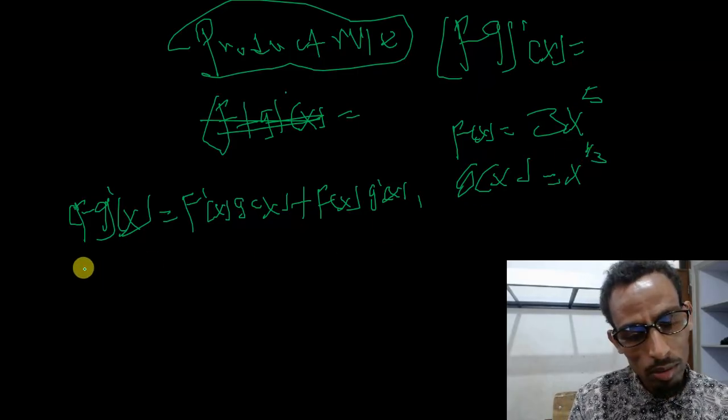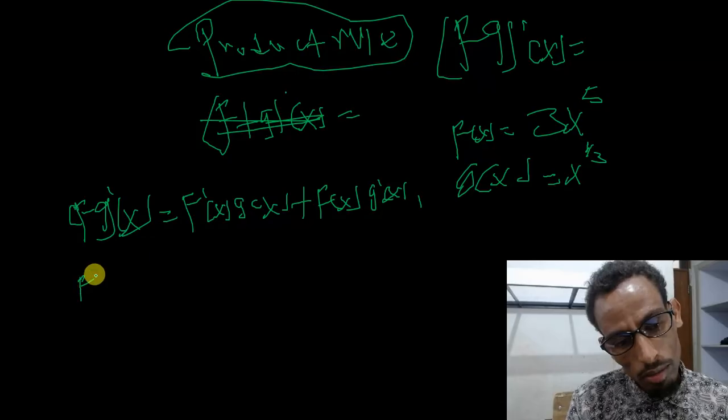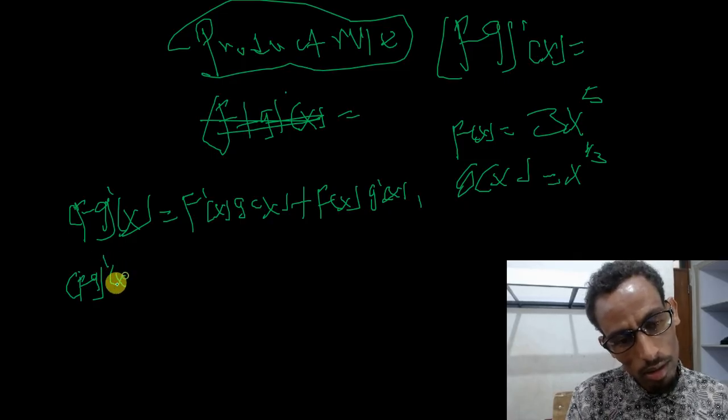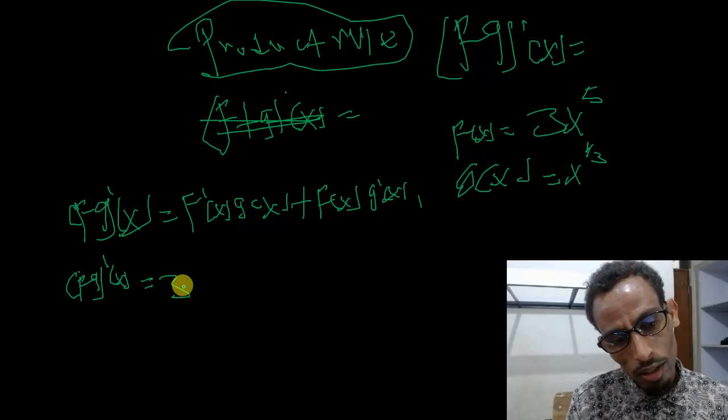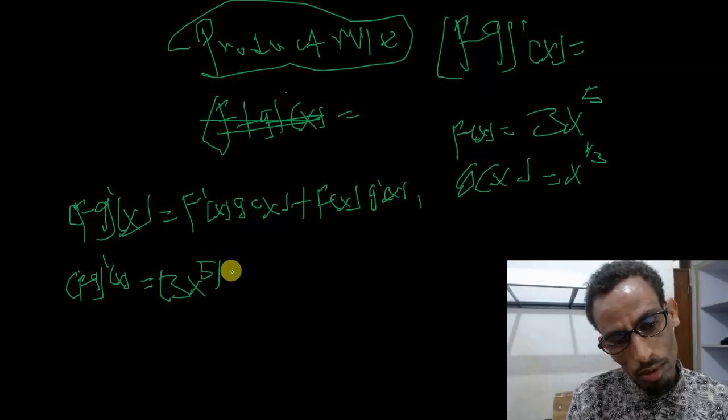Now the derivative of f times g at x is the derivative of 3x to the power of 5 times x to the power of 1 over 3.